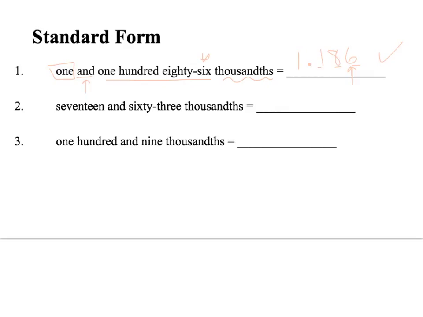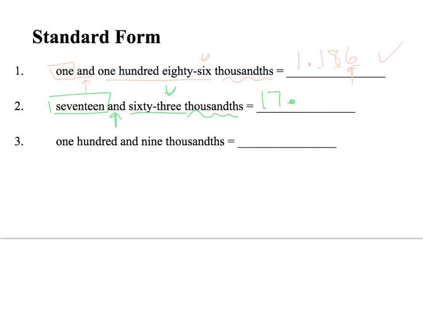Example 2, we have 17 and, that's our decimal point, 63 thousandths. Again, we should have the last digit falling in the thousandths place. So we have 17 and when you read this number, you have 63, but that last digit, that 3, should be in the thousandths place. So be careful.